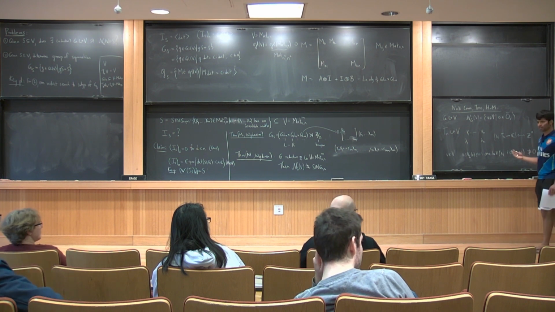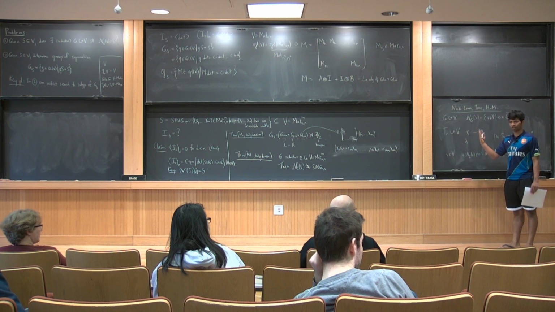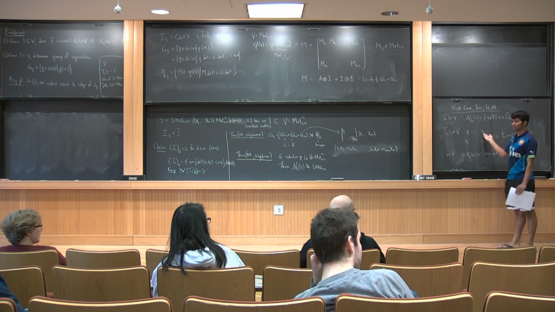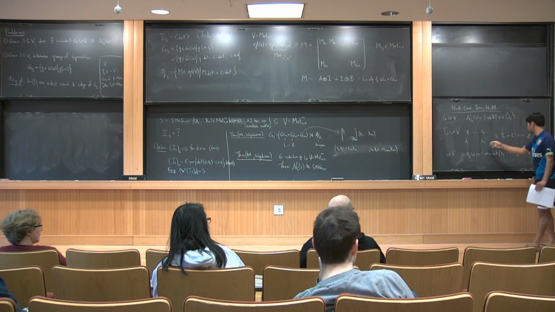Let me slowly repeat it. You want to see whether a particular vector in here is in the null cone or not. You look at its support. Its support is some subset of 1 to m. You take the corresponding weights. These are called weights, and they are some vectors inside Z to the n. You look at the convex hull of those weights, and you see whether 0 is in it or not.